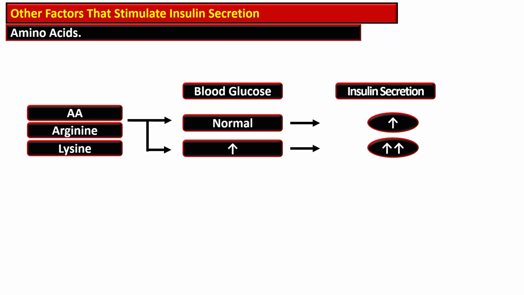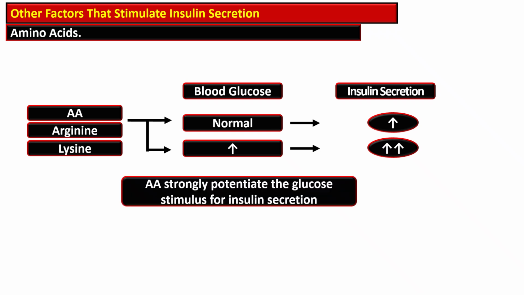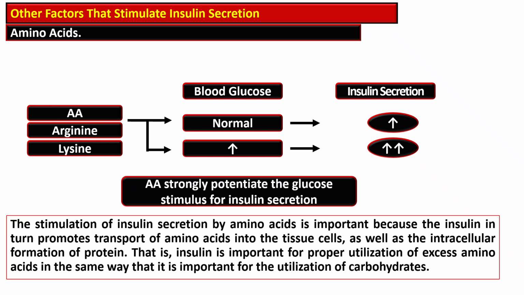And when amino acids are given without an increase in blood sugar, insulin secretion is small. But when amino acids are present along with elevated blood glucose, the glucose-induced insulin secretion doubles. Amino acids amplify the effect of glucose on beta cells.